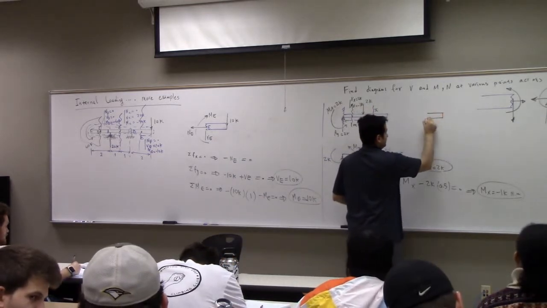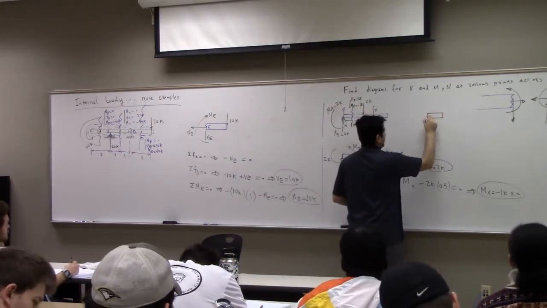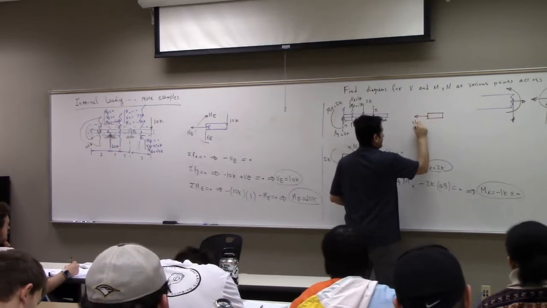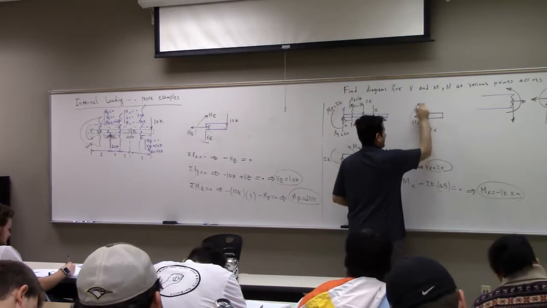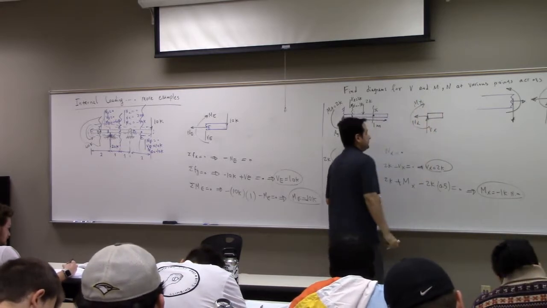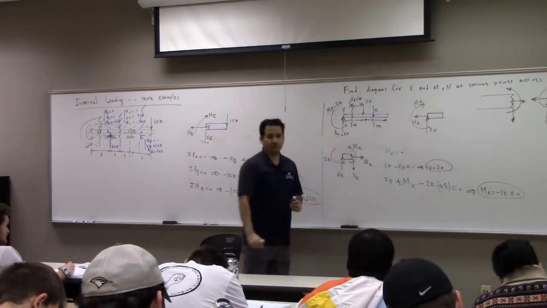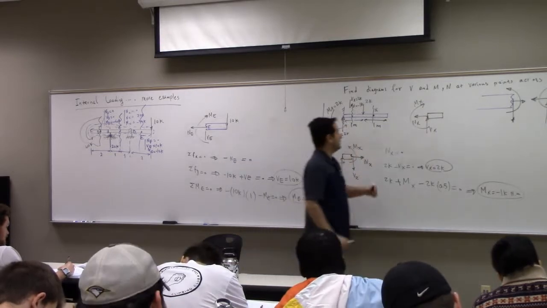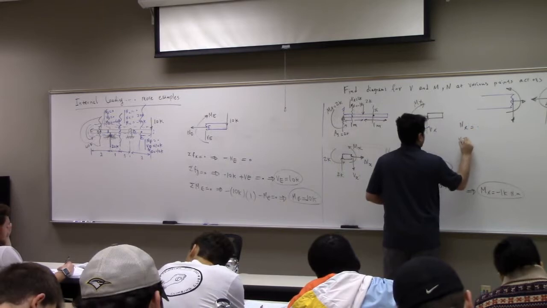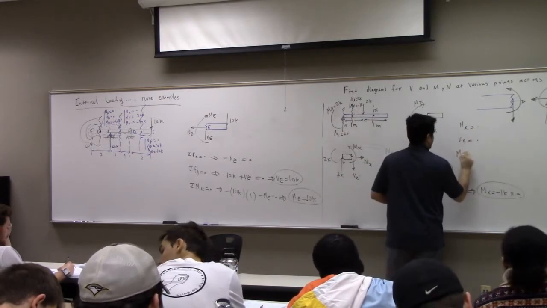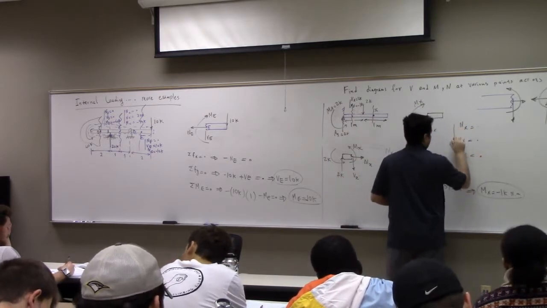So you see, you have NX, VX, and MX, and you can see that NX is equal to 0, VX is equal to 0, MX is equal to 0.